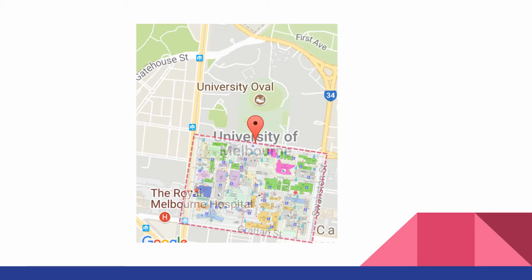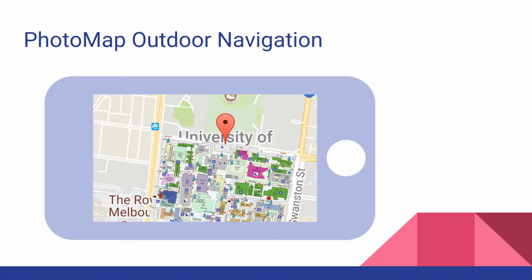After scaling and rotation, you can map the image into the map application very accurately. After all these processes, when you open the map application again, you can use this generated map as a navigation guide.